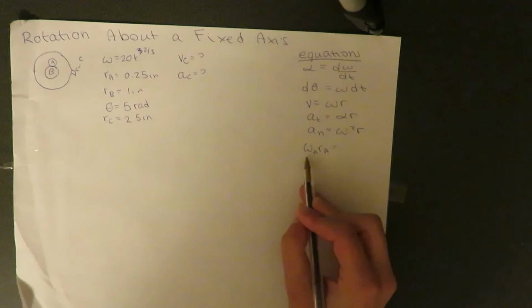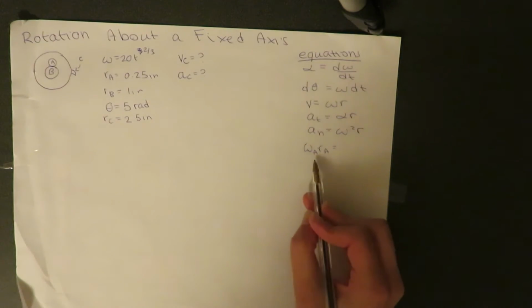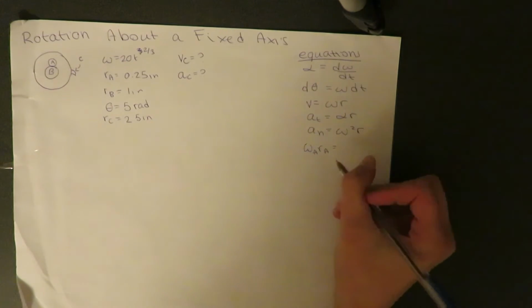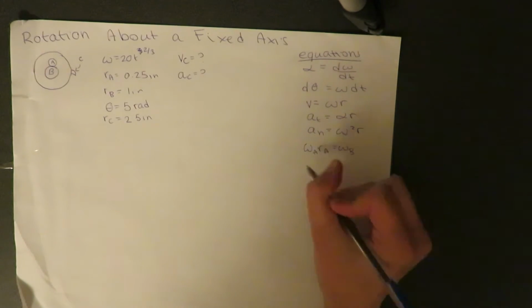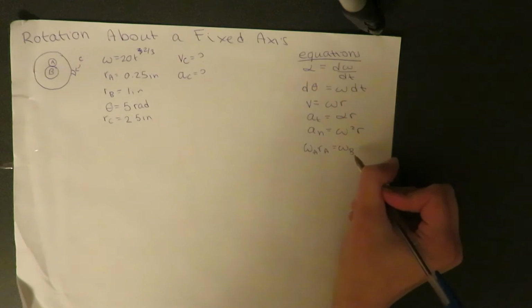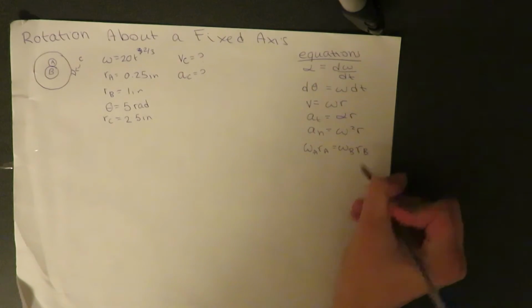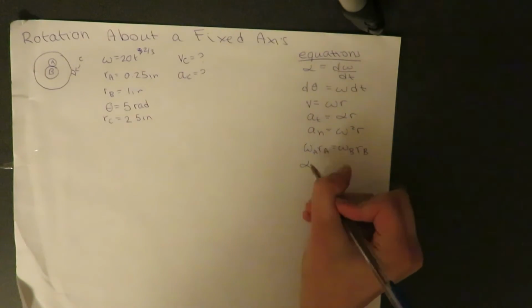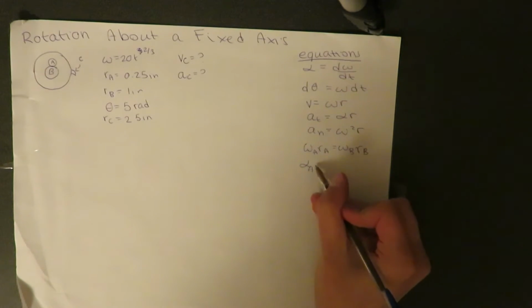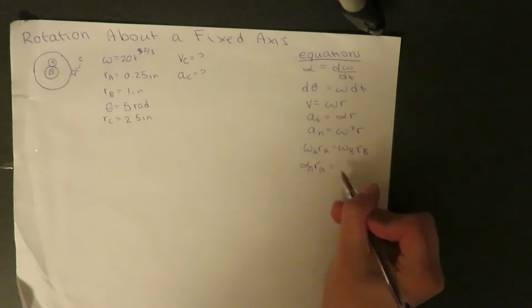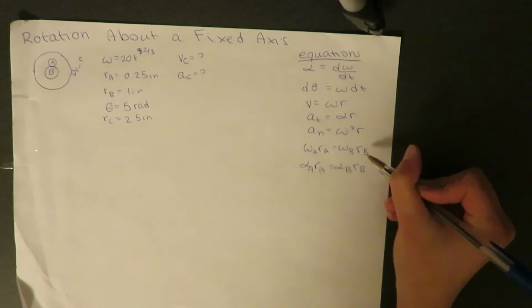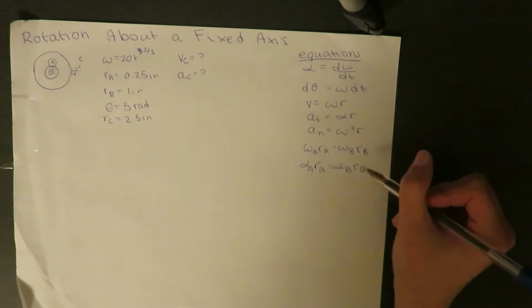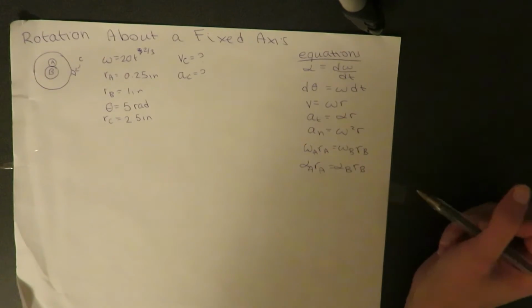And likewise, the angular acceleration of A times RA is equal to the angular acceleration of B times RB. So these are both true for gears, and they'll come up a lot.